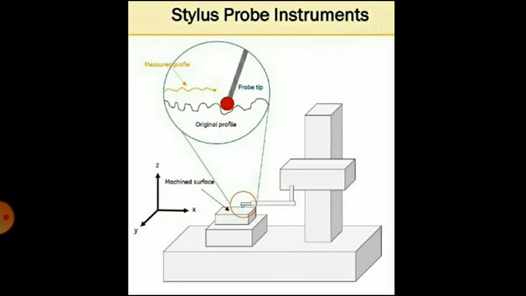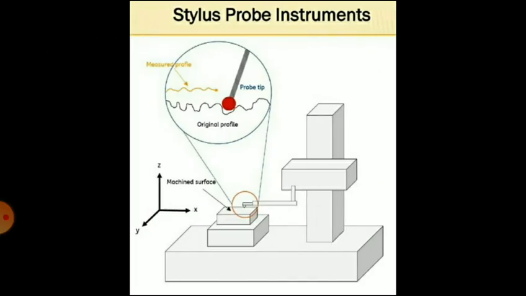Then an amplifying device for magnifying the stylus movement, or an indicator. Next is a recording device to produce a trace, and a means for analyzing the trace. So these are the various elements of stylus type instruments.